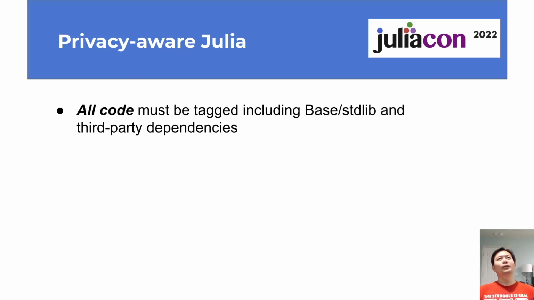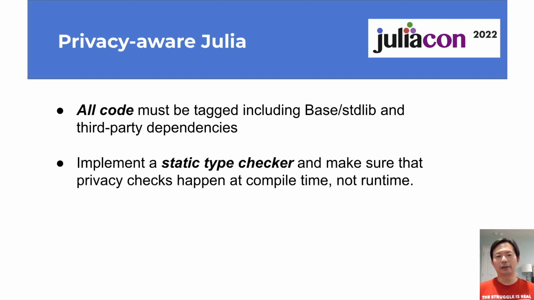But you may also wonder, if you tag all the functions and you run a privacy check for every function call, wouldn't that make the system extremely slow? And you are right in that sense when we have to perform a runtime check. However, we can actually implement some kind of static type checker. So instead of running this privacy check at runtime, we can do that at compile time.